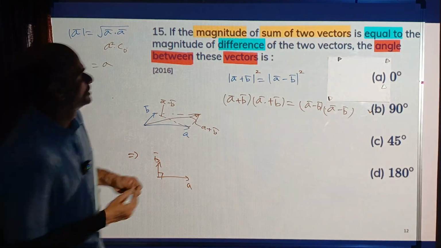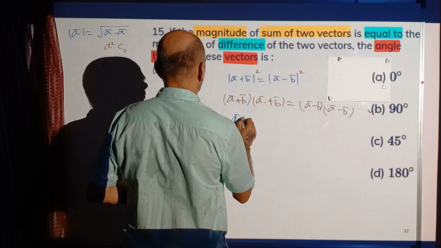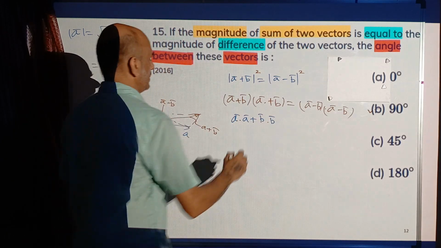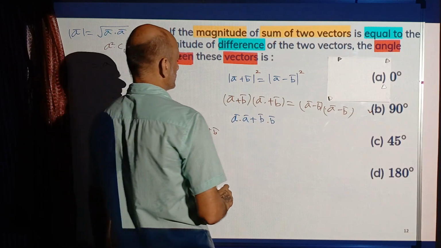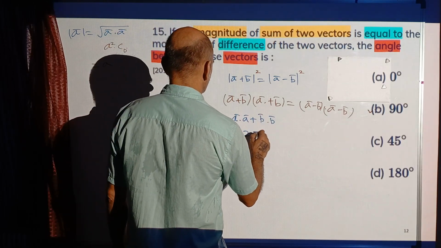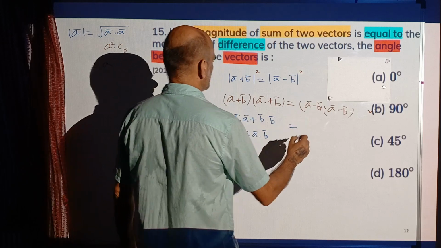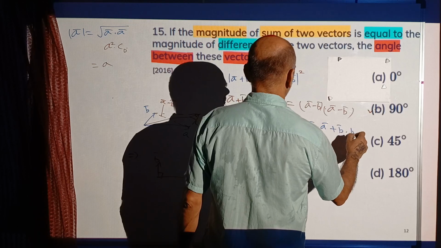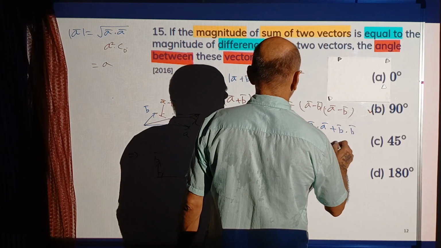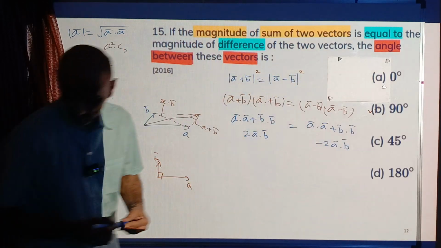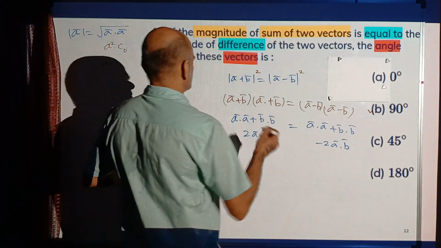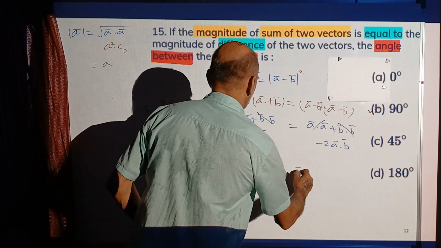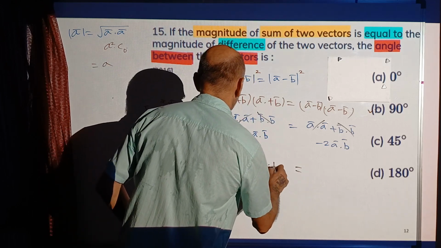So this we can simplify. This is A dot A plus B dot B, and we just have to multiply like two algebraic factors, and it will become 2 times A dot B. So this will become A dot A plus B dot B plus 2 times A dot B, equal to A dot A plus B dot B minus 2 times A dot B. So this will cancel A dot A and B dot B, and it will become 4 times A dot B equal to 0.